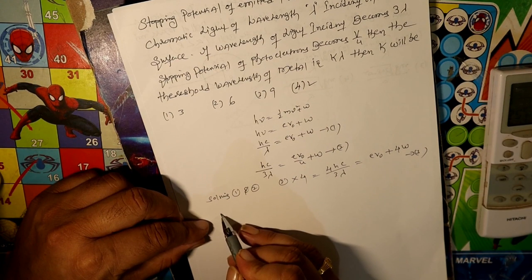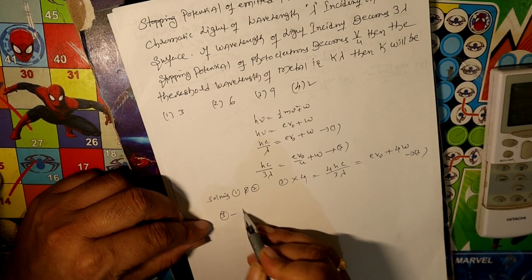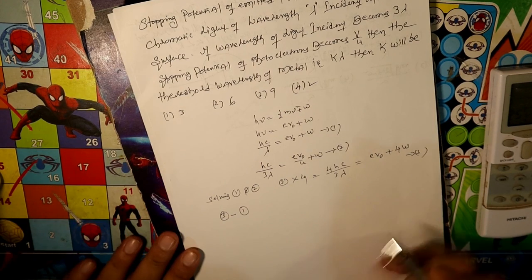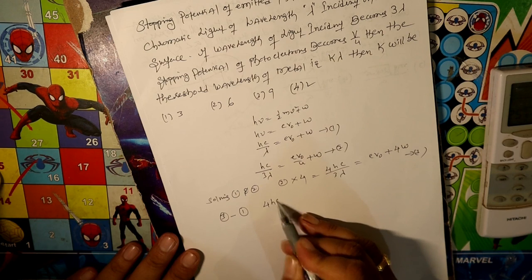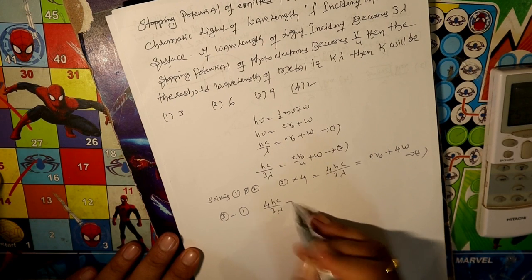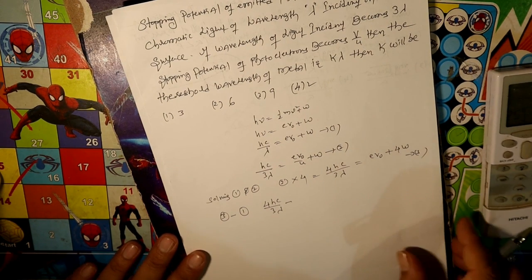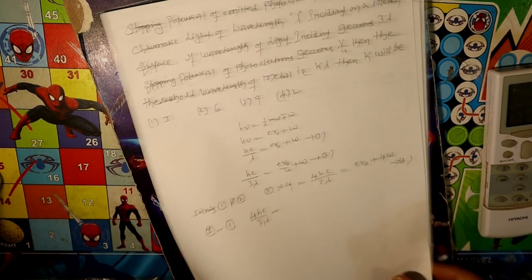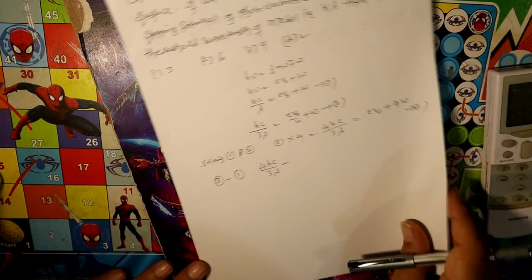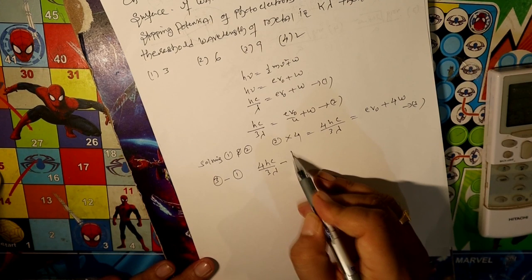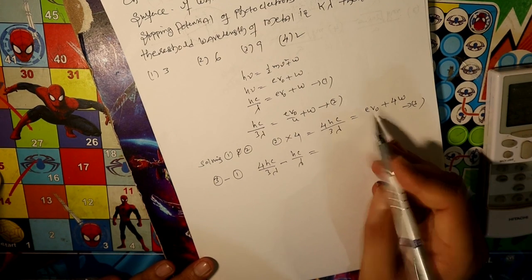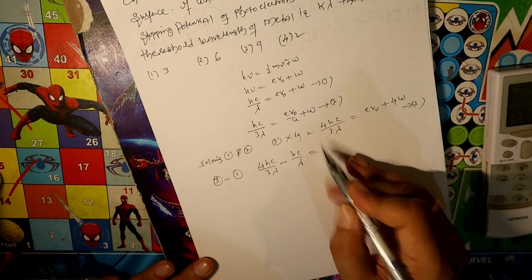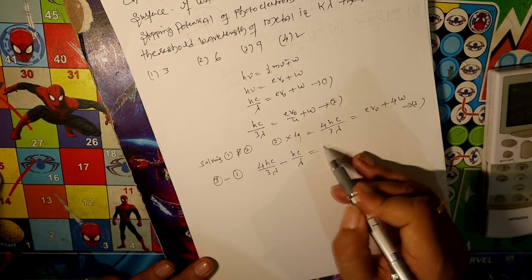Now, equation 3 minus equation 1: 4hc by 3 lambda minus hc by lambda is equal to e V naught cancels, 4w minus w, 3w.